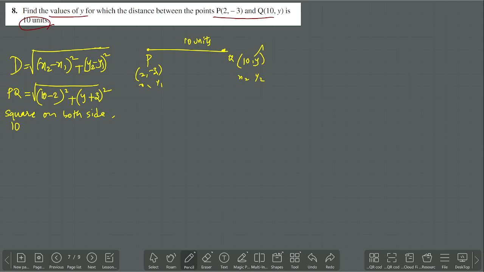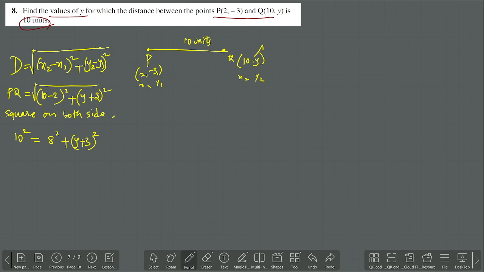So what will I get? 10 square, which is equal to (10 minus 2) 8 square, plus (y plus 3) whole square. Don't apply the (a plus b) whole square formula for y plus 3.